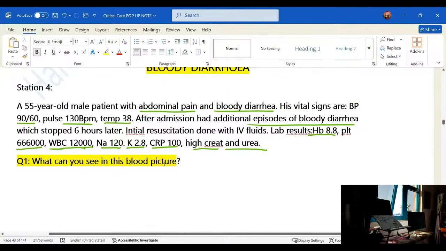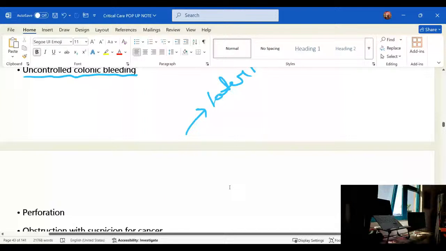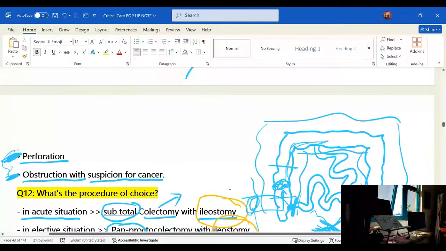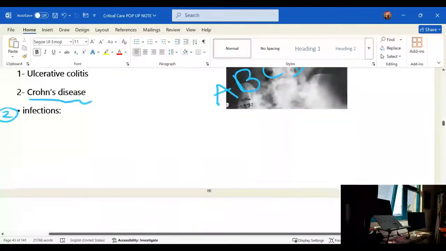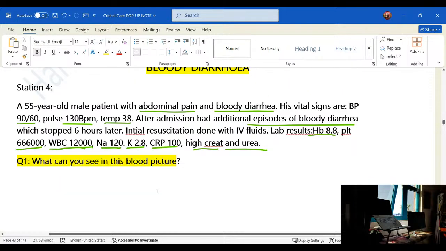Bloody diarrhea. A 55-year-old male patient with abdominal pain and bloody diarrhea, vitals BP 90/60, pulse high, temperature high.